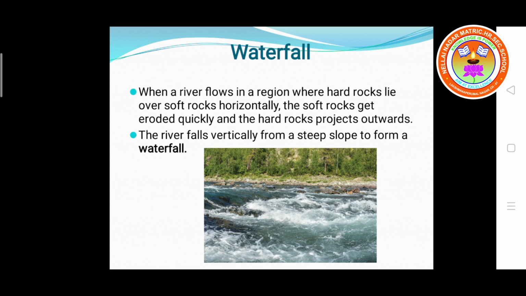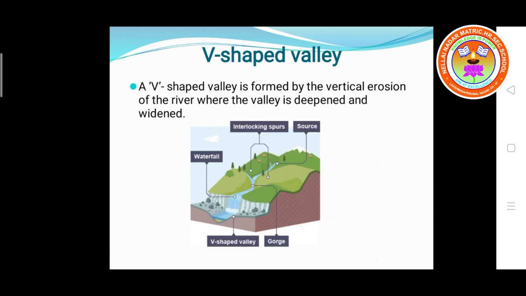In the waterfalls, you can see many soft rocks are getting settled under the water and only the hard rocks project outwards. The river falls vertically. Usually the waterfalls flow vertically from a steep slope to form a waterfall. You can see a picture in slide number 14.